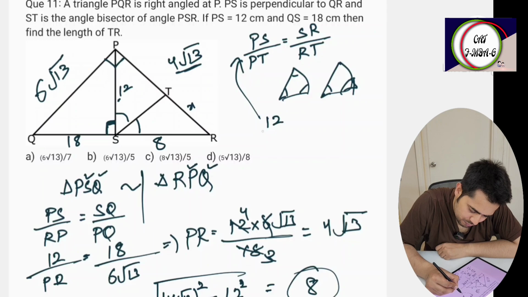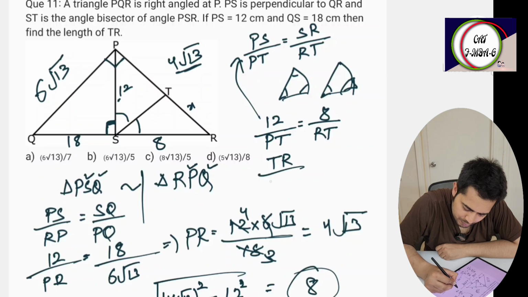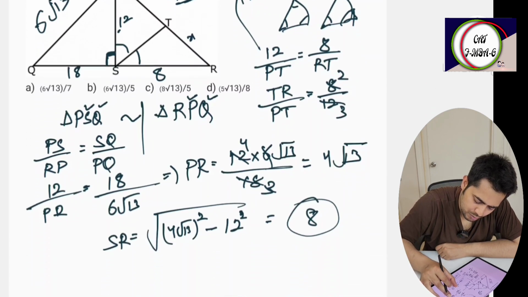PS is 12 by PT is equal to SR is 8 by RT. So TR by PT is equal to 8 by 12, that is 2 by 3.